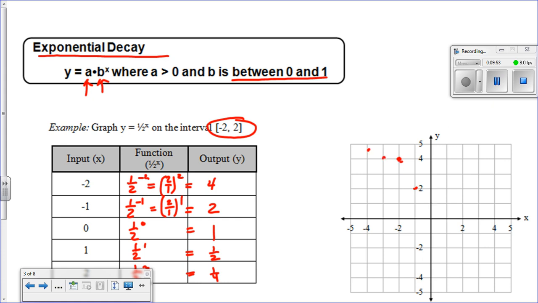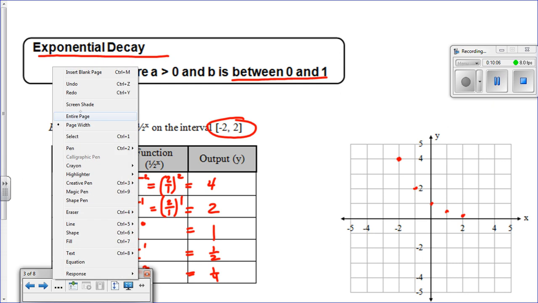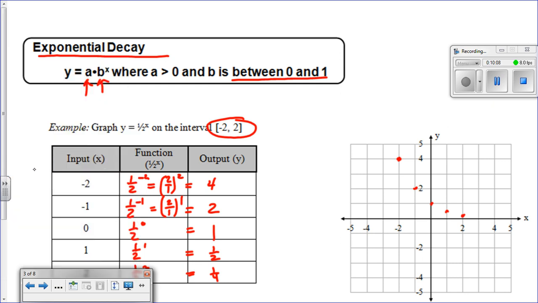So if you notice, we're continuing to take, whoops, why are my dots moving there? Okay, we're continuing to take half each time. So let me connect my dots. So whatever this is, it's decaying at a rate of 50% or 1/2.